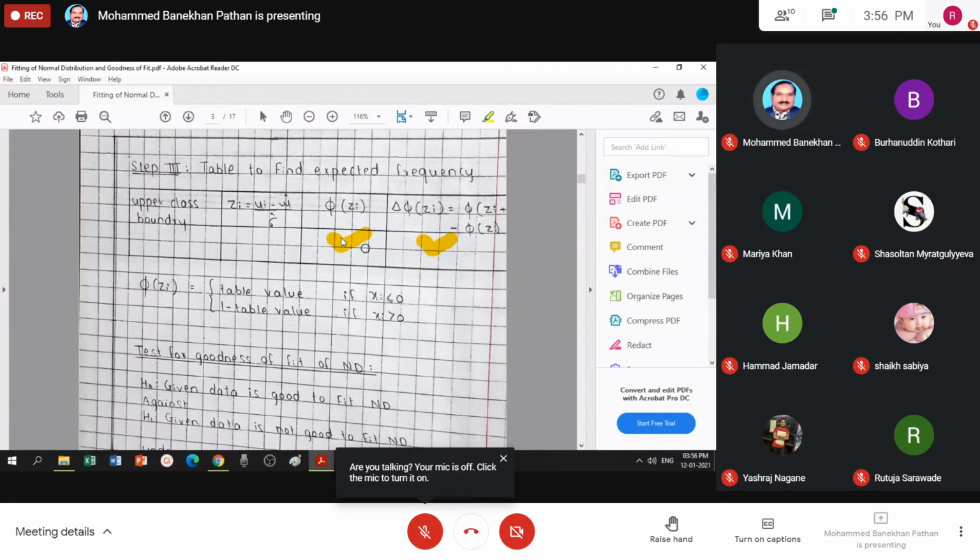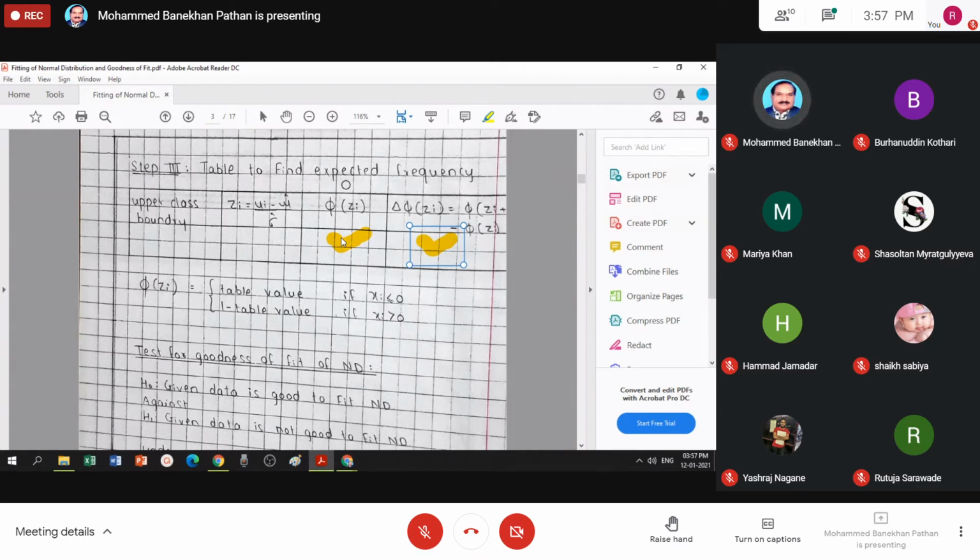After finding the difference, you get the probabilities. And then the next column, capital N multiplied by delta phi z_i, gives the frequencies. One more column is there that is not showing here.